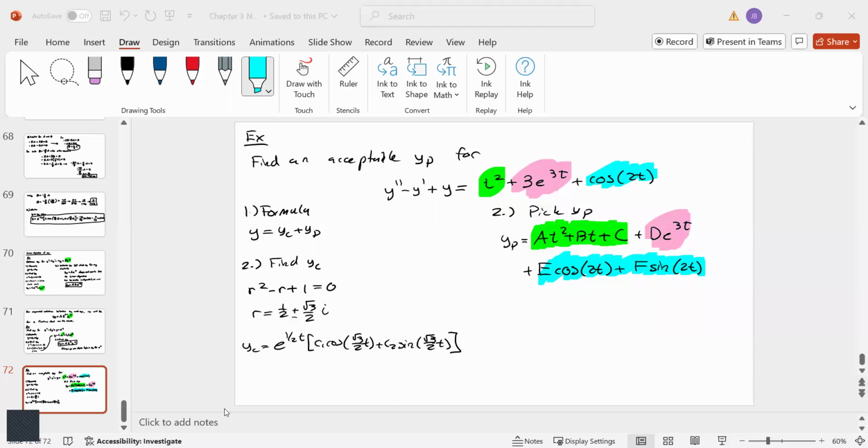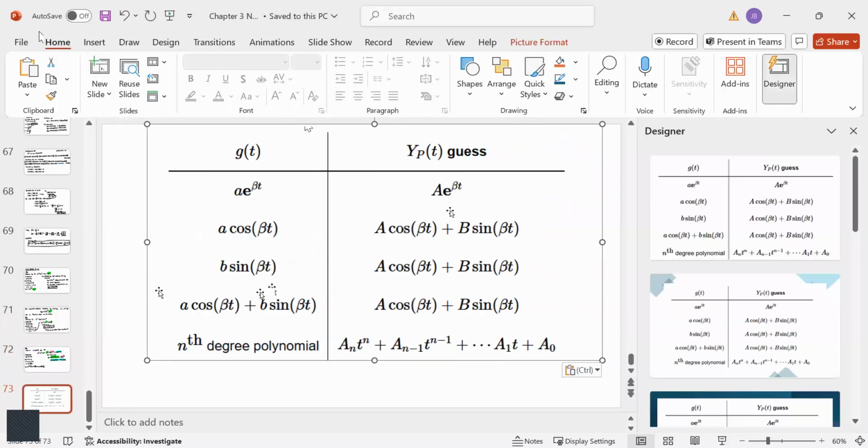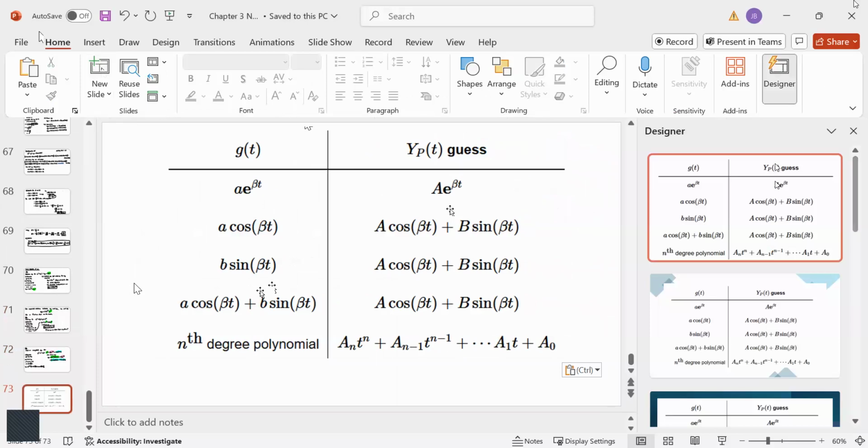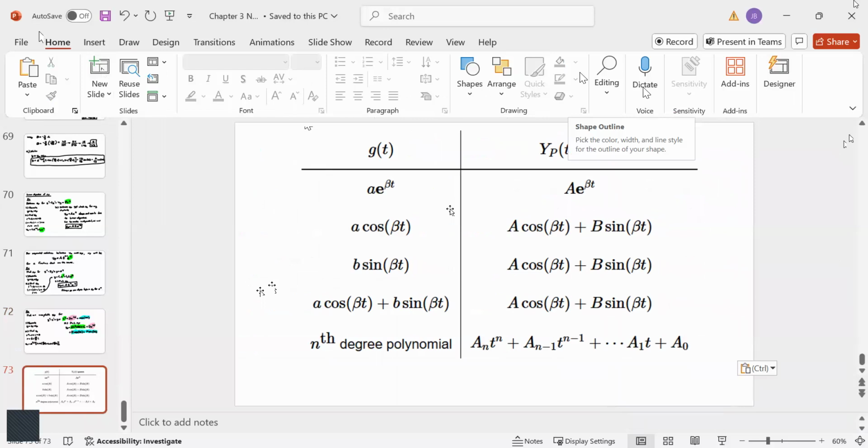This is grabbed from Paul's online notes, I believe. So if you're doing A e to the beta t, then it's just A e to the beta t, and cosine and sine are the same. A plus B sine, it's the same thing. And then for the nth degree polynomial, you just do all of it. That's all they're saying.